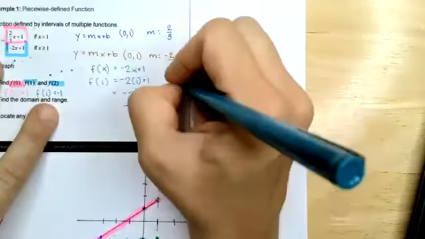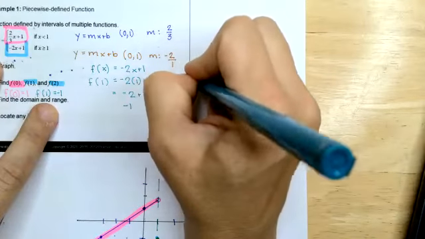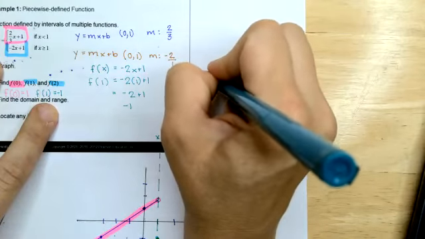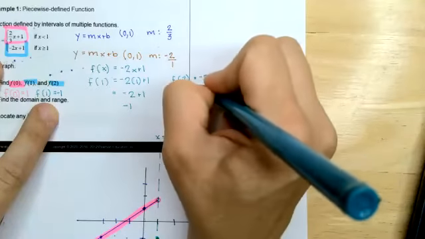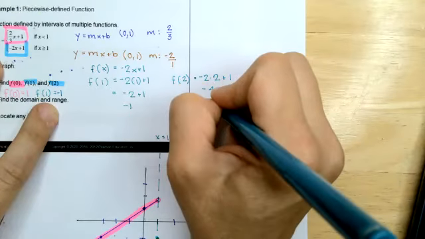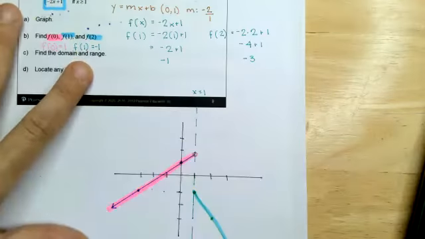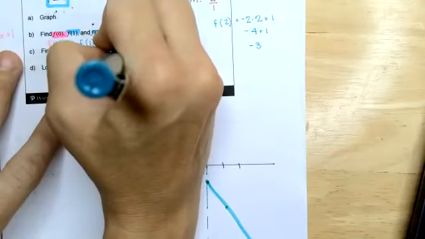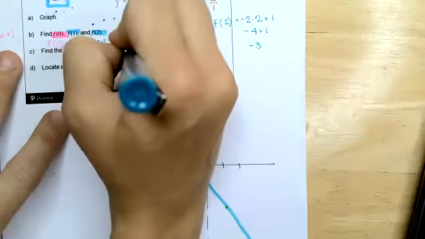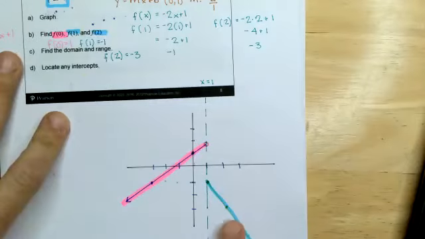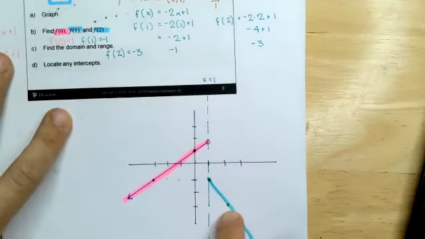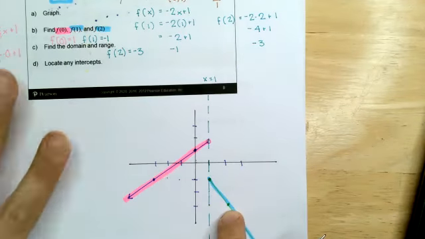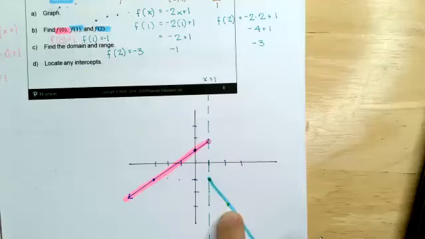And f of 2: negative 2 times 2 plus 1, negative 4 plus 1, which is negative 3. So f of 2 is negative 3. Good.